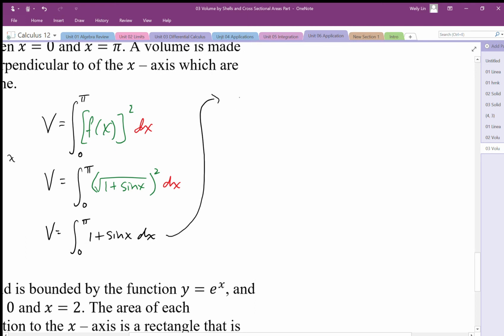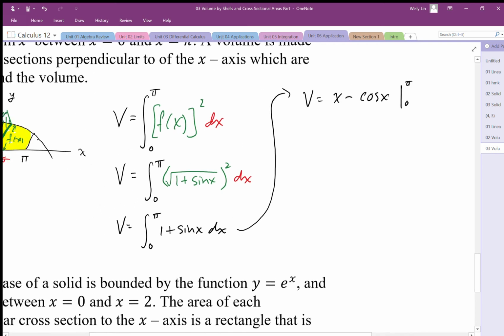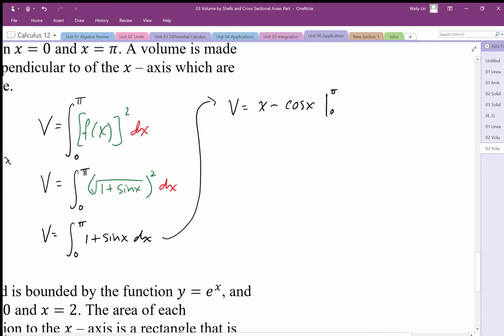So the volume works out to be x plus cos x, or sorry, minus cos x, integrated from 0 to pi, and that will give me the volume of the three-dimensional solid that I'm going to generate here.